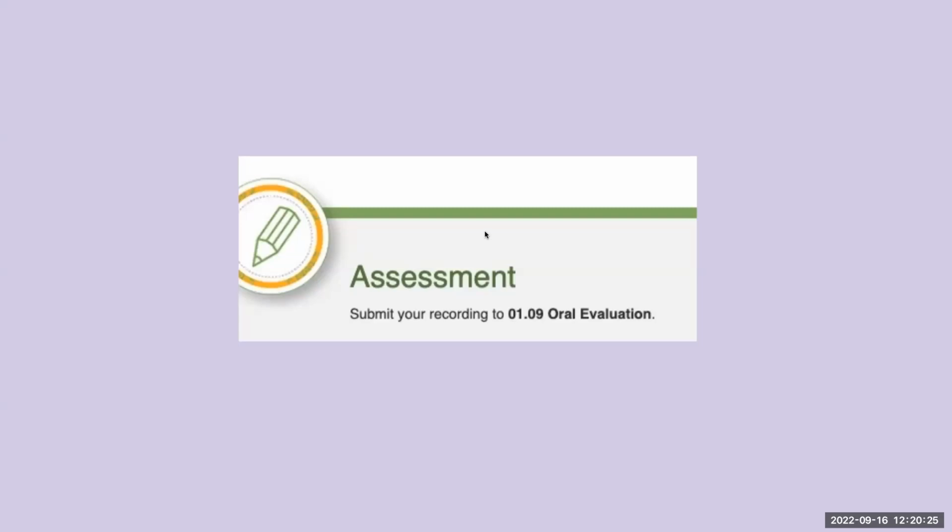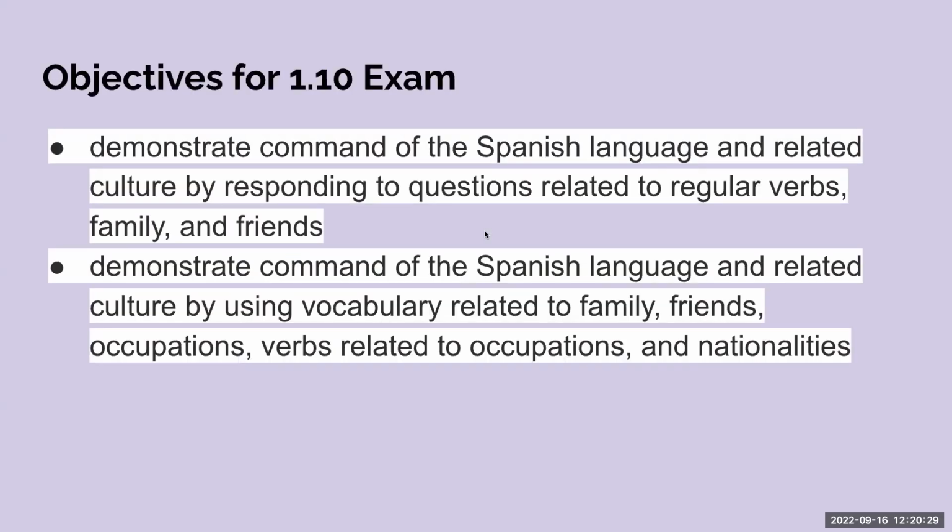Any questions on 1.09? Okay. 1.10 is your module exam, which obviously you've got to get through everything through 1.09 before I can give you the password. Let me just say something about passwords. Each one of you has your own unique individual password for the module exams.